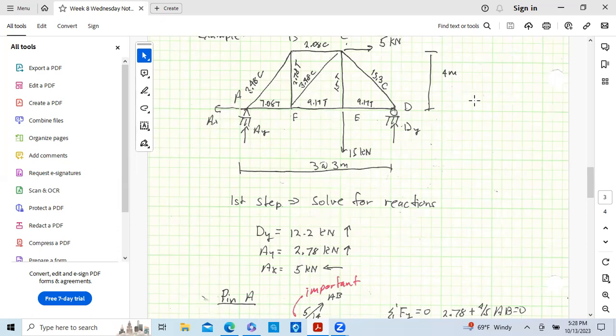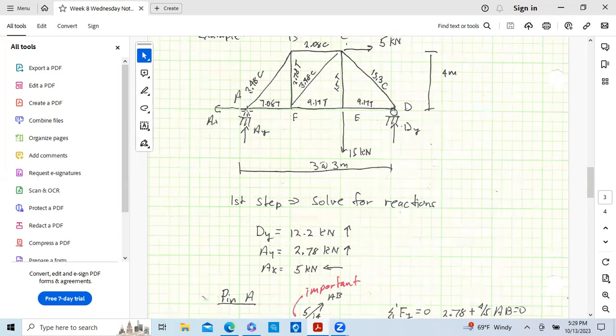Okay. I'll tell you this too, there's a check, and you should always do this check. This is the first step. If you get your reactions wrong, everything you do is wrong. If you want a long truss and spend 30 minutes on it and your reactions are wrong, everything's wrong. On an exam, I can't go back and check that you did the right calculations with the wrong number. It's impossible. So I would always advise you to check. That's how you check it.